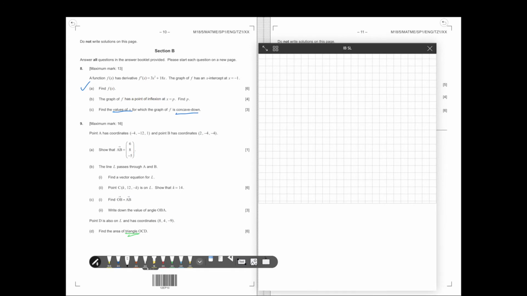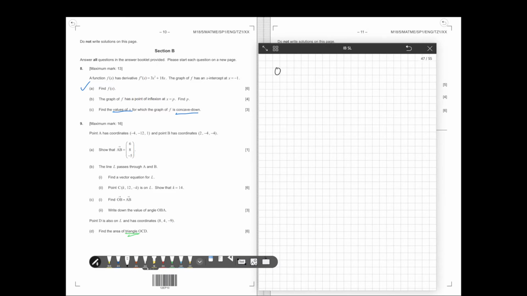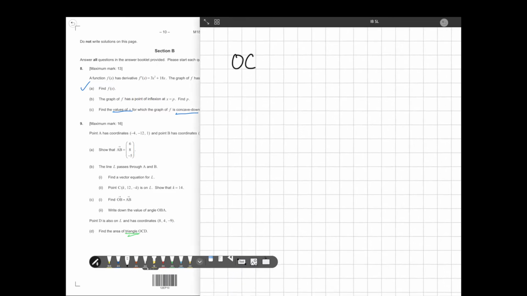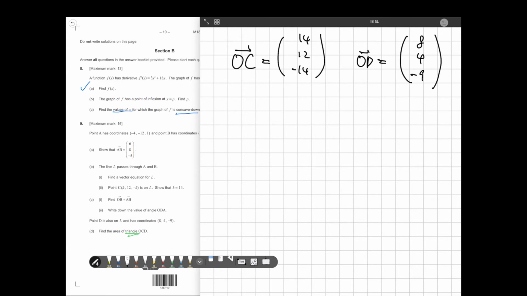So now we have OC. OC will be just equal to 14, 12, negative 14. We found it previously. And then OD will be just equal to 8, 4, negative 9. Right, that is given. And we can draw the graph.